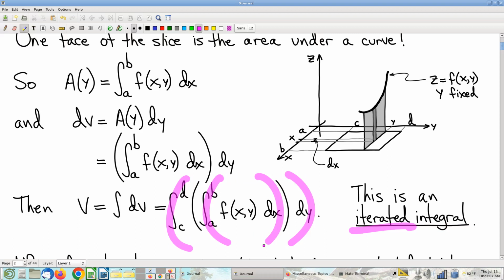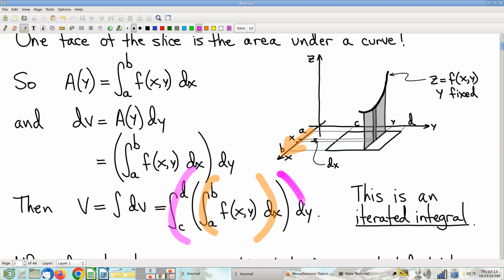And okay, I get that seems like an iteration, but very importantly, to me, this inside integral is an integral that goes in the x direction. The outside integral is an integral that goes in the y direction.